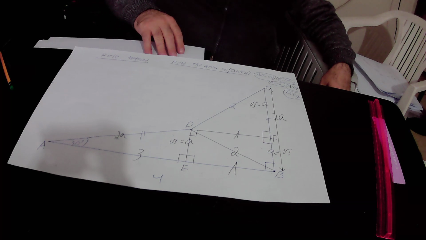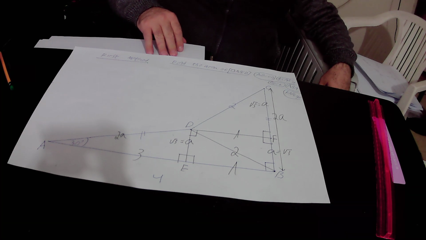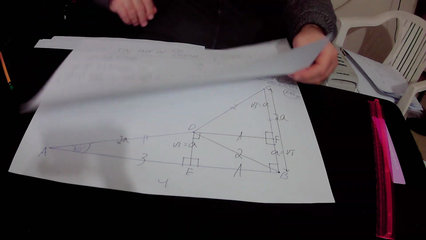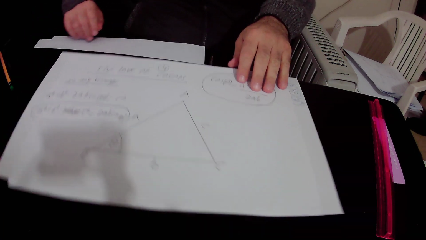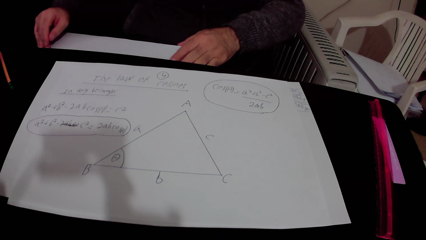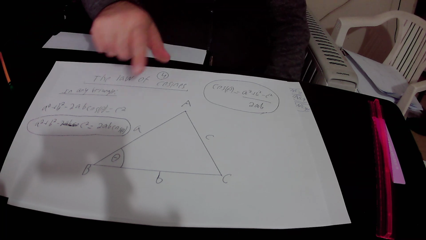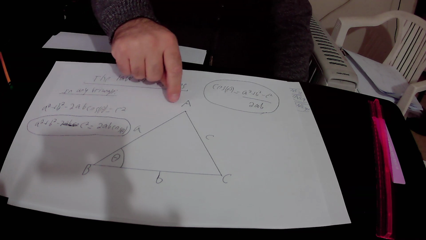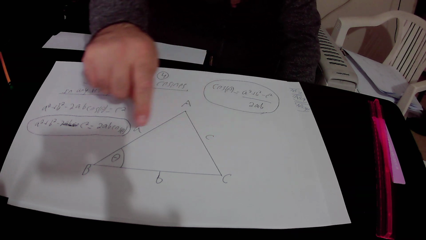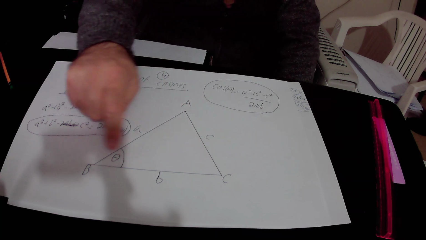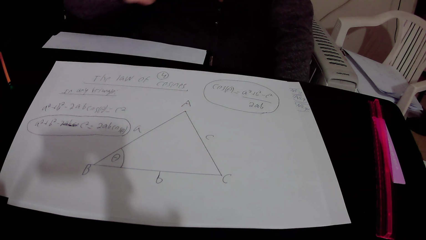Then I presented to you the law of cosines. What is the law of cosines? The law of cosines is true in any triangle. If we have triangle ABC, that could be any triangle. We know that the length of AB is a units, the length of AC is c units, the length of BC is b units, and the angle between AB and BC is equal to theta.